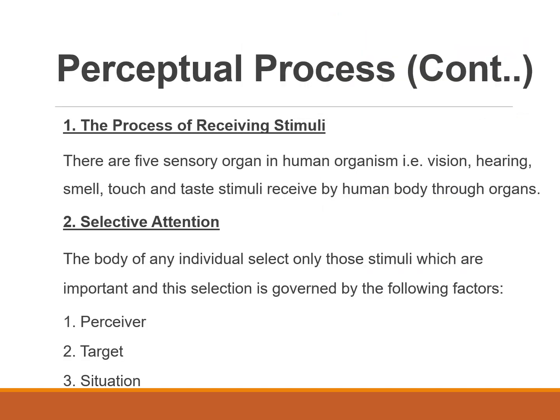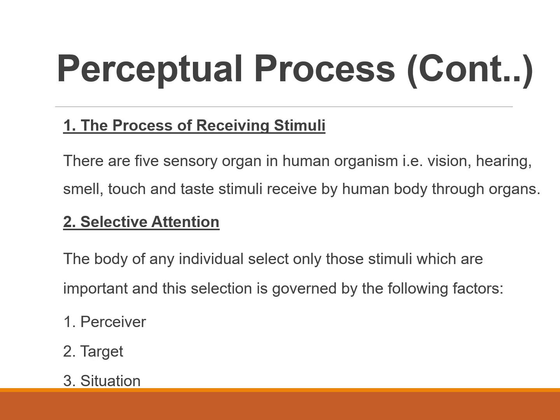The first one is the process of receiving stimuli. This is the first stage of the perceptual process. There are five sensory organs in the human organism that help to receive stimuli. And then selective attention.